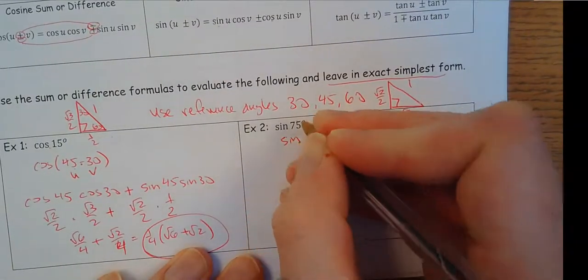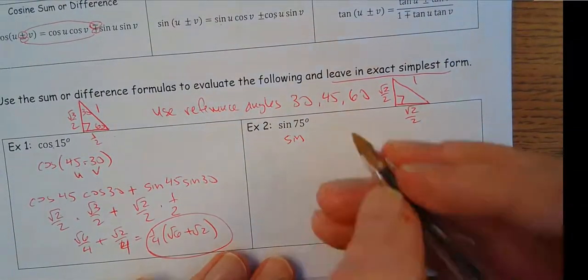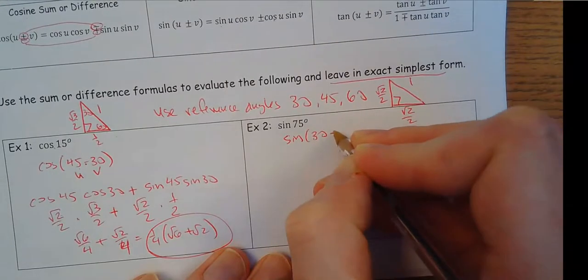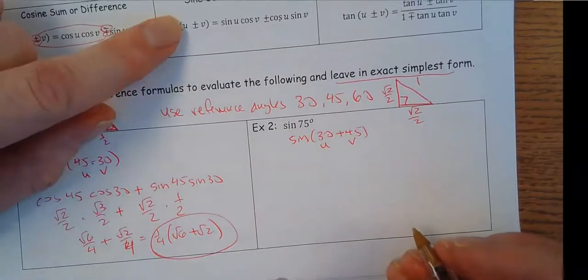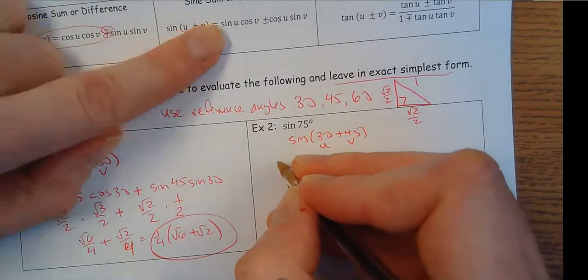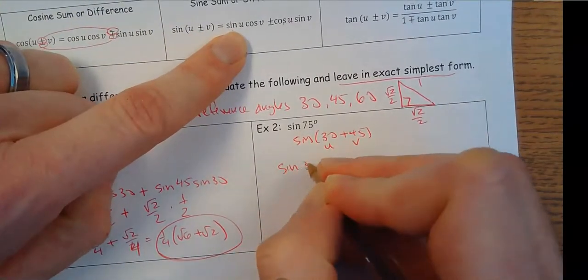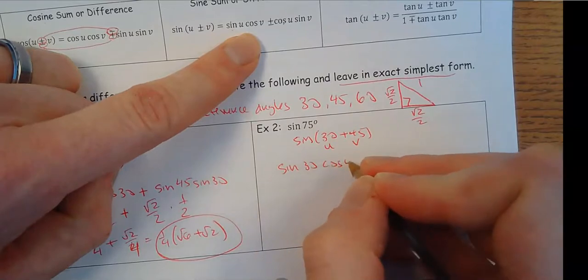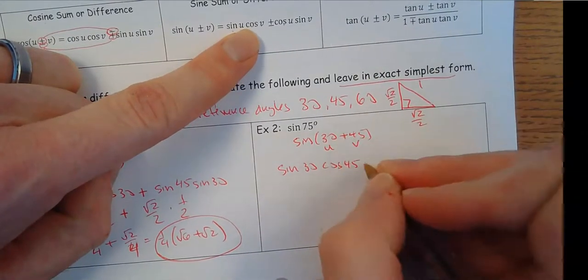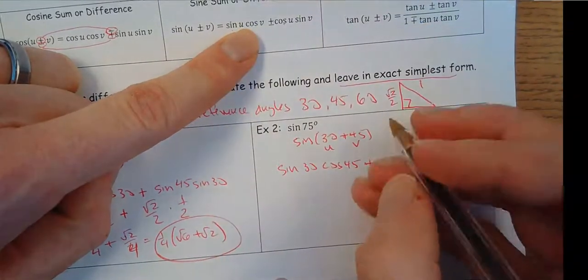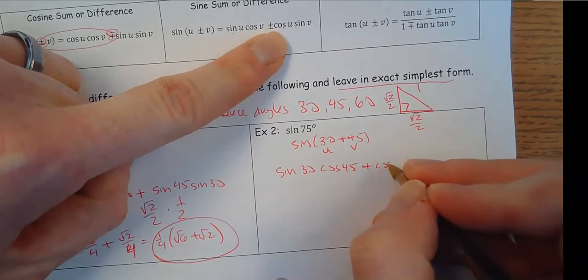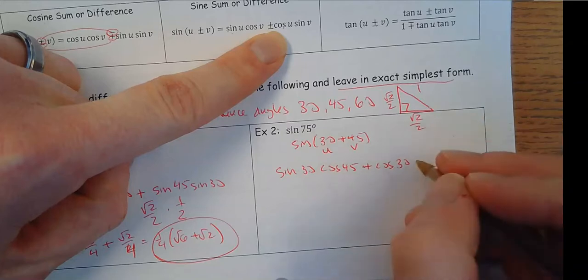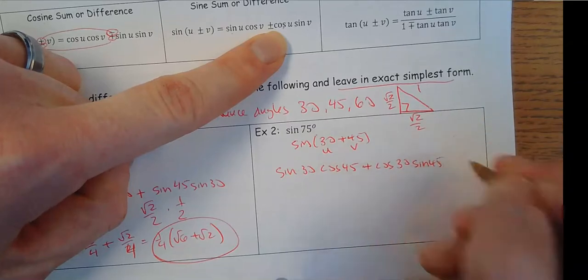So sine 75, the simplest way I think of it is 30 plus 45. So there's my u and my v, and I'm going to use this one. Okay, so it would be sine 30 cosine 45, plus is plus because with sine, same sign, and then cosine 30, sine 45.